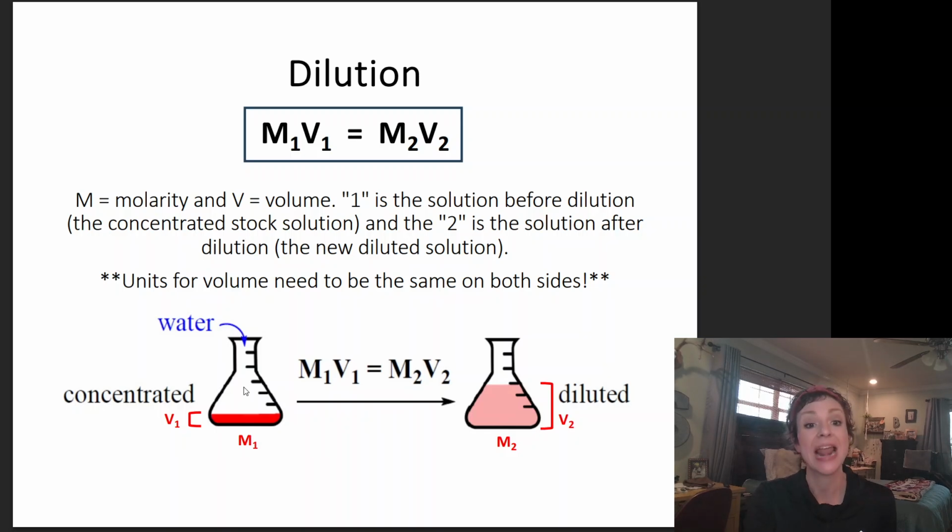Now I'm going to water it down. I'm going to add water until I create a different solution. It's going to be less concentrated. So it'll be a different molarity, M2. And by adding water, I've changed the volume. So you will have a new total volume, a V2, okay? So the way I think about this is you change your M's by changing the V's, meaning you add water to whatever your original V1 value is to get that total new volume of that diluted solution for your V2.